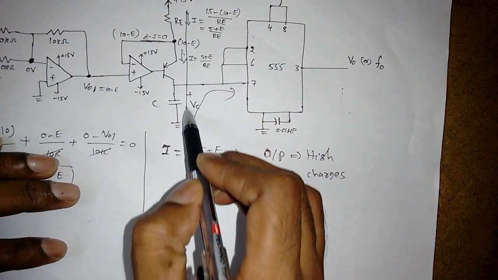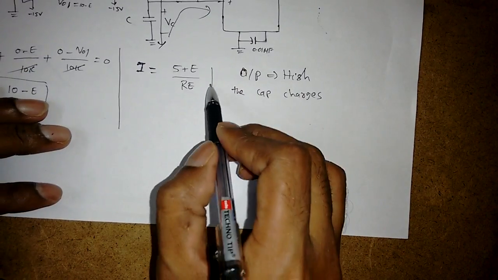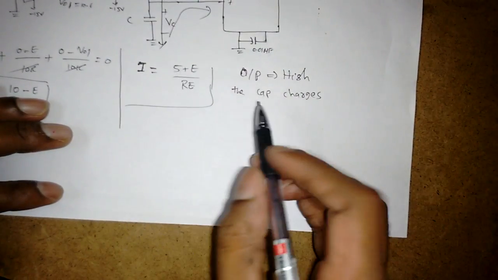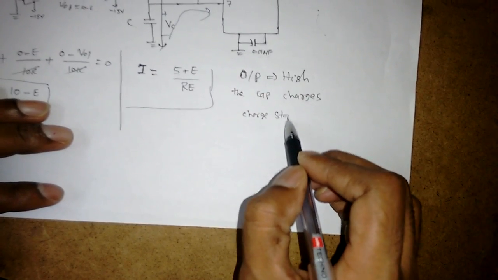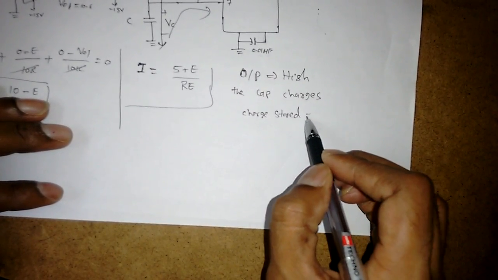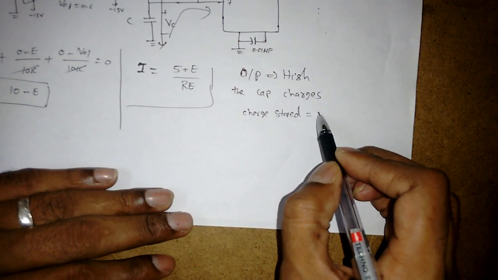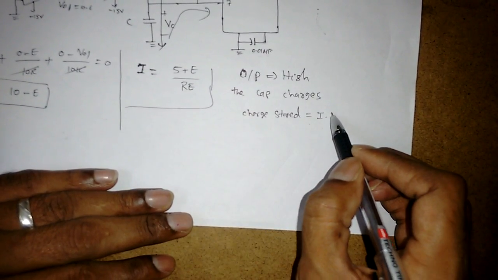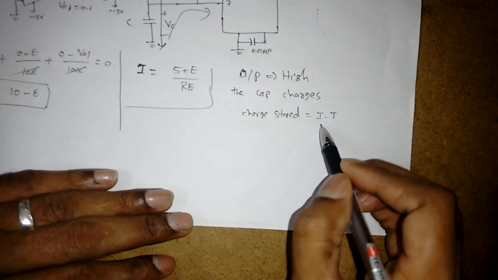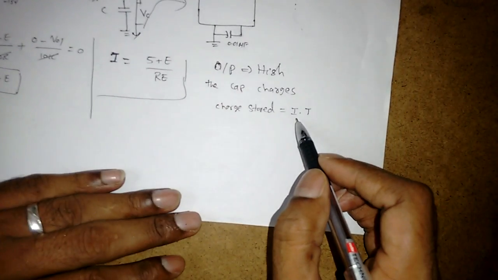So this is the charging path, right? Whenever it is charging, what is the charge stored? So charge stored we can find like this. Whenever the current is flowing through any capacitor, and what is the time constant? So this is the charge stored whenever the capacitor is charging.